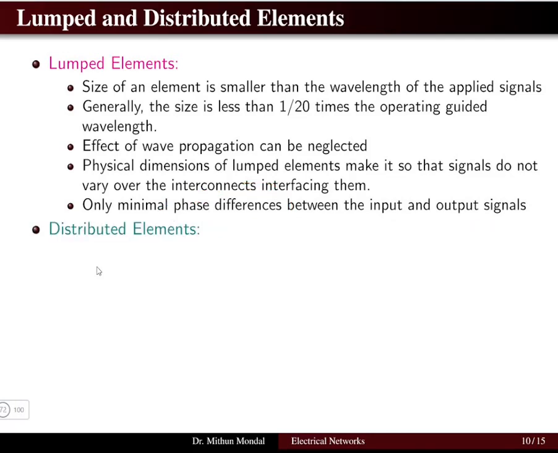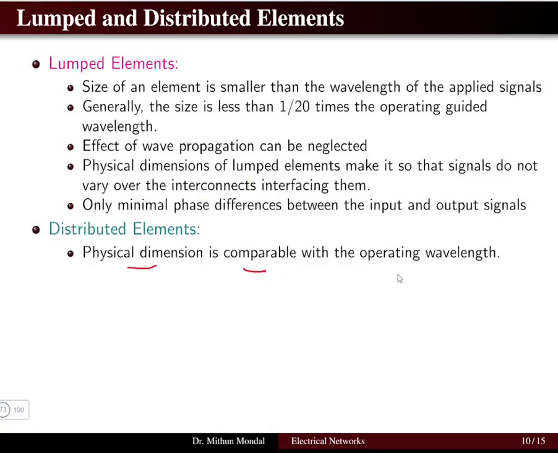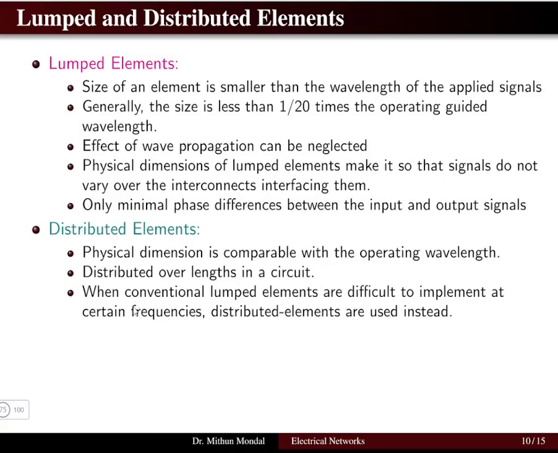In case of a distributed element, the physical dimension is comparable with the operating wavelength. It is distributed over any length in the circuit. We have taken the example of a transmission line. When conventional lumped elements are difficult to implement at certain frequencies, generally when the frequency is quite high in terms of microwave frequency, we cannot go with lumped elements, and distributed elements are used instead.